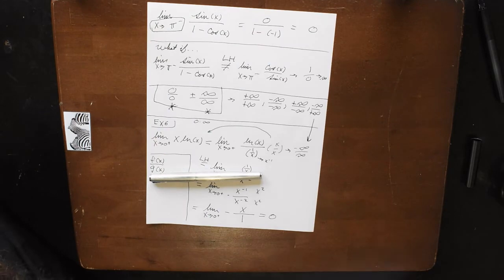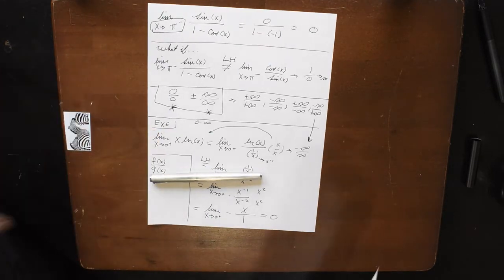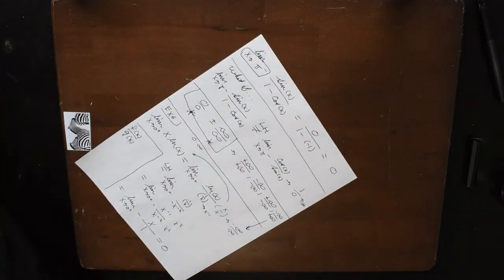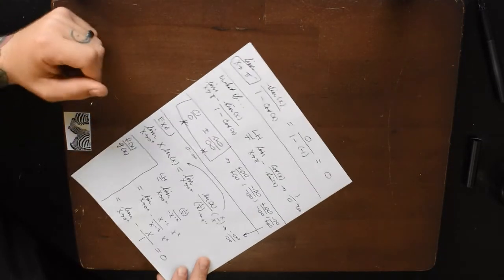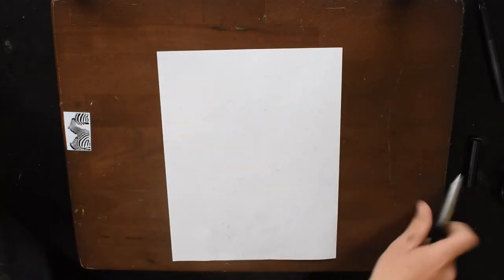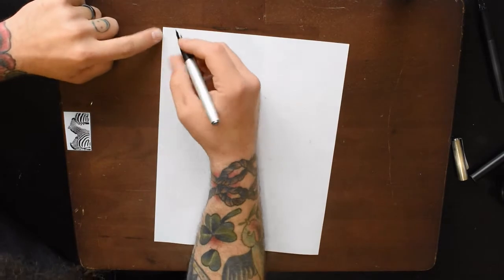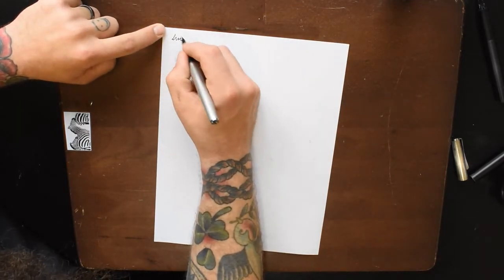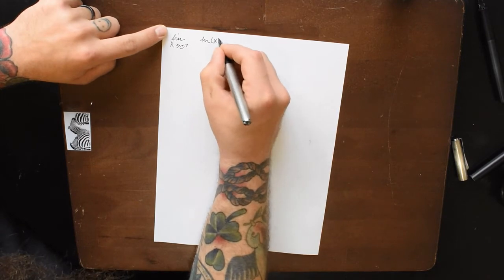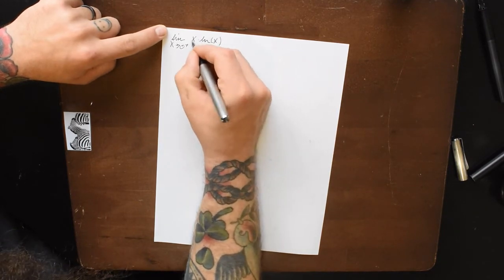So there were actually two different ways we could rewrite this. A lot of times teachers show you the correct way to do things, but I want to show you what happens if you make a not the best choice. So still example 6, talking about limits: x going off to 0 from the right of natural log of x times x.